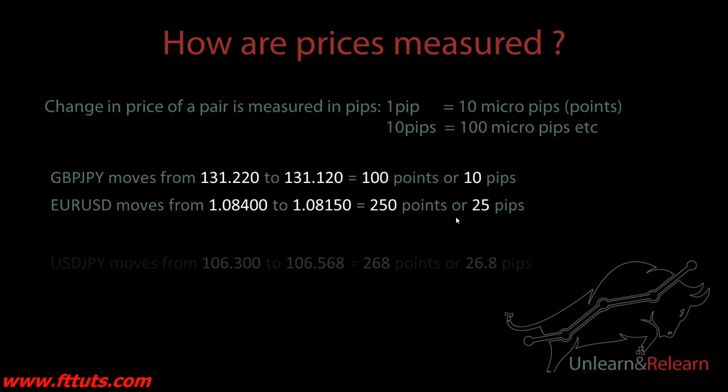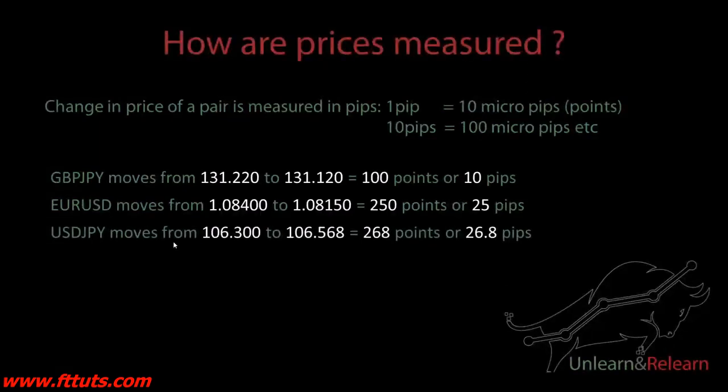In the same way, when we're talking about USD/JPY, let's say we had price at 106,300 and someone, let's say Mr. Hashir, had a buy order at 106,300 and price moved to 106,568.